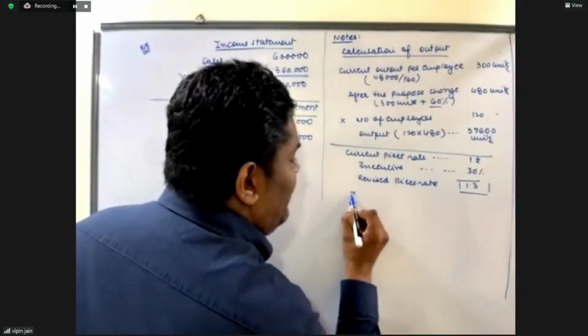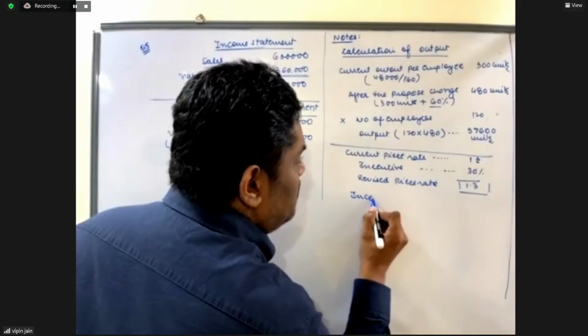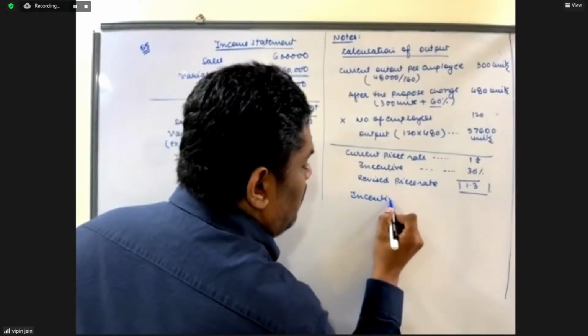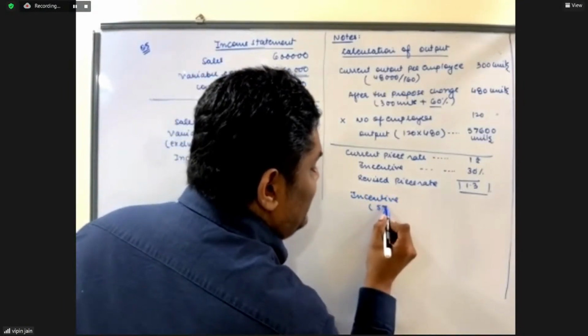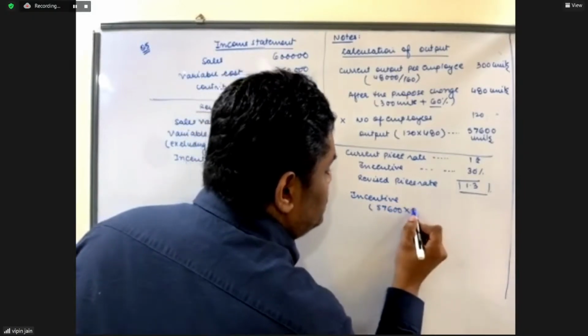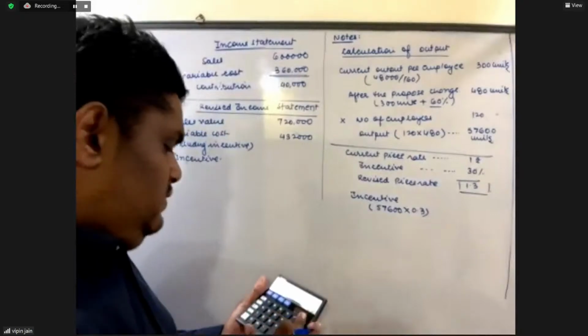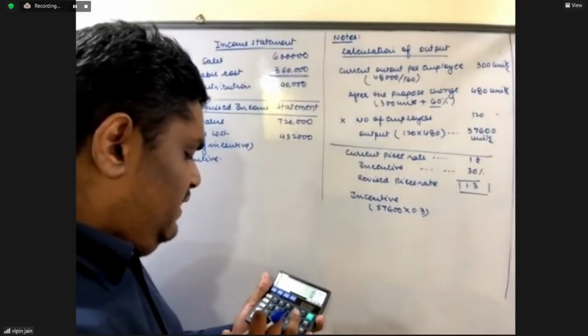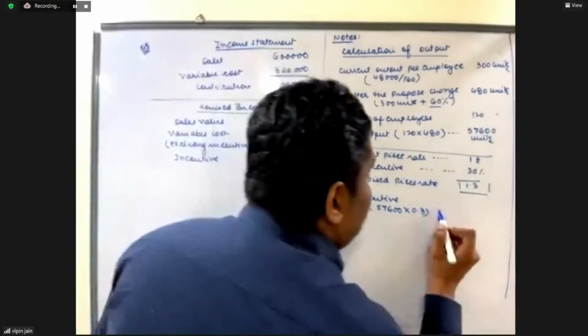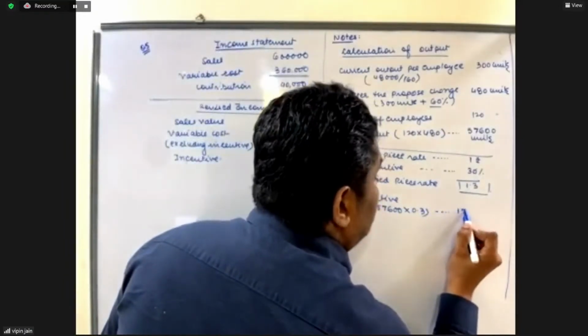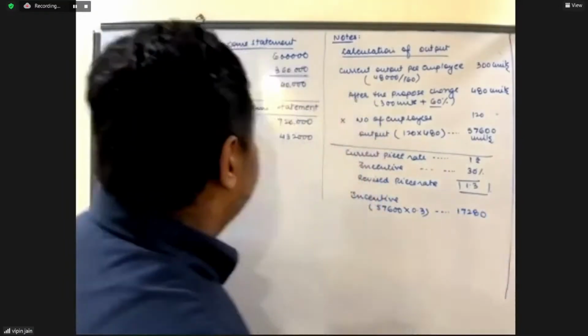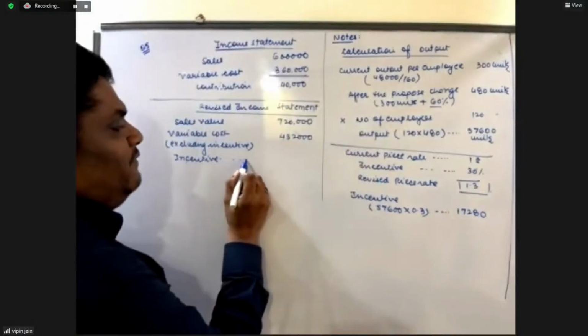So my incentive will be 57,600 into 0.3, because 1 rupee is already included in the variable cost. This will be 17,280.